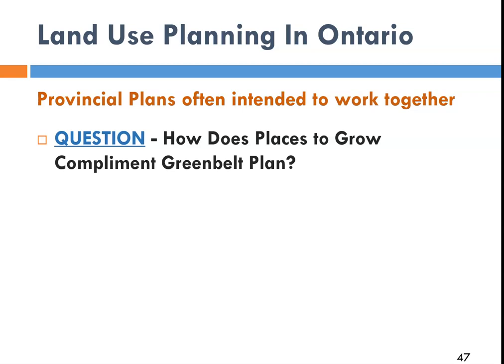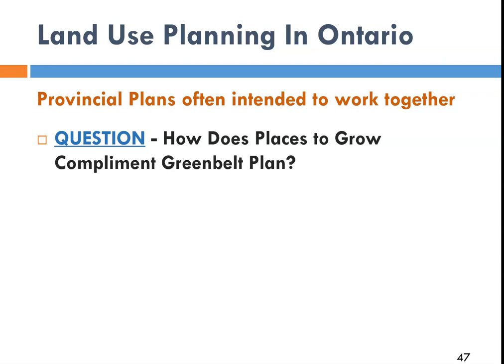Okay, so it does talk about that where expansion outside of these areas, it gives some directions on how that might happen. So think about the discussion on some of the requirements for municipalities to have setbacks and that sort of thing. All right. But it also complements some of the environmental policies that we saw in the environment plan.